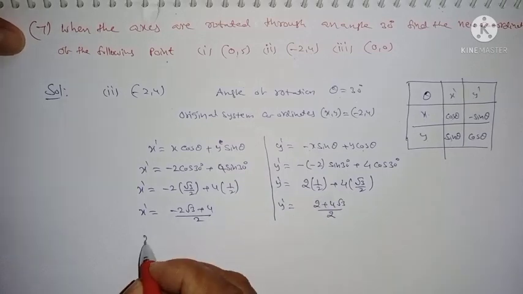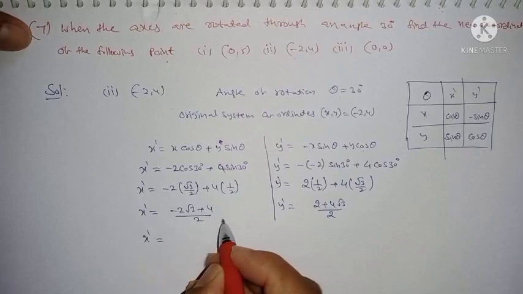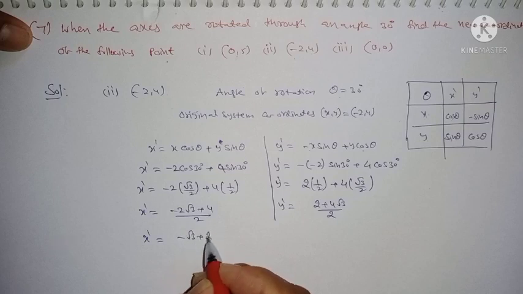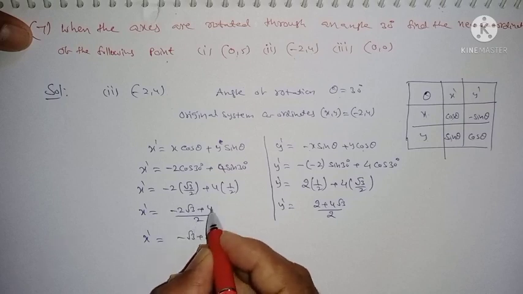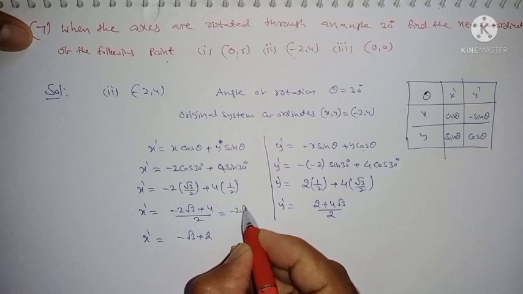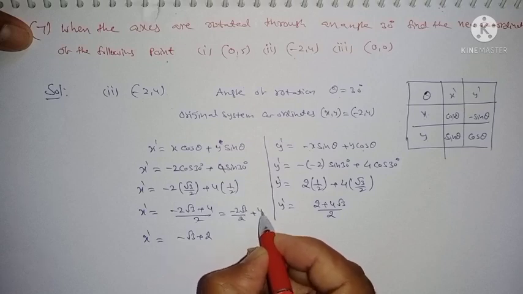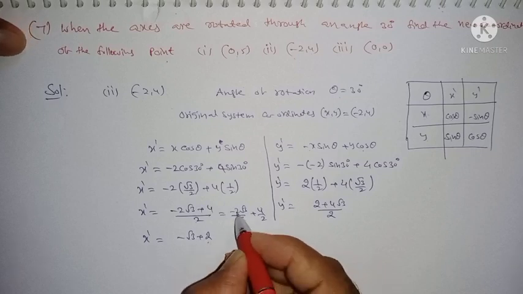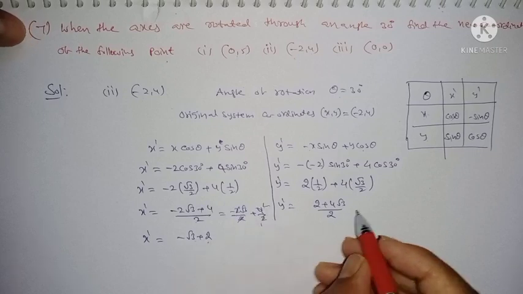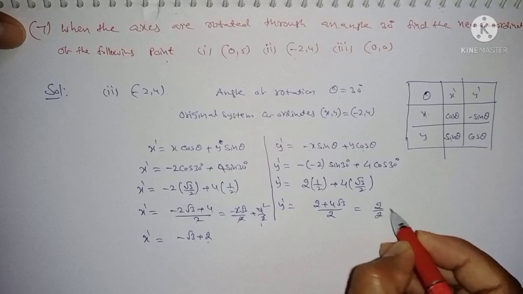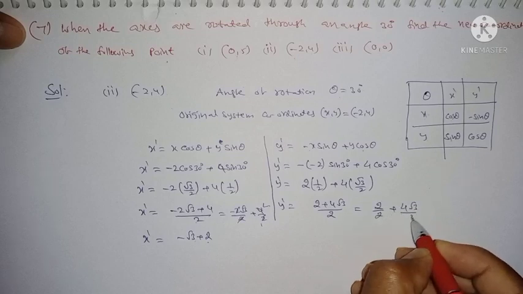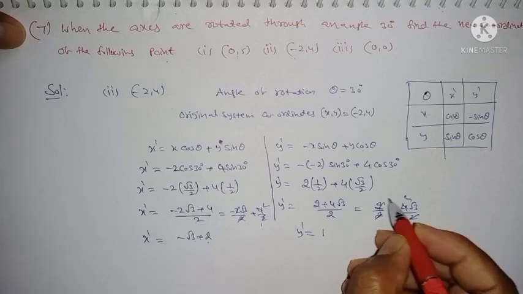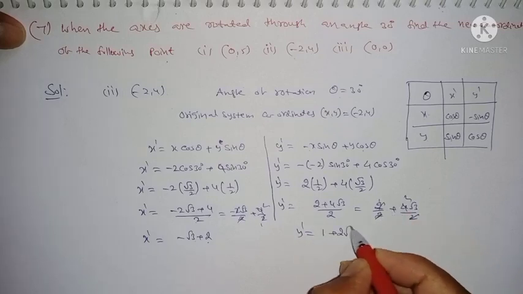You can write it separately. Therefore you get minus root 3 plus 2, because 2 gets cancelled. 2 2s are 4, I can write here minus 2 root 3 by 2 plus 4 by 2 is 2, 2 gets cancelled, and you get 2 minus root 3. Here also 2 by 2 plus 4 root 3 by 2, 2 2s are 1, so y dash is equal to 1 plus 2 root 3.